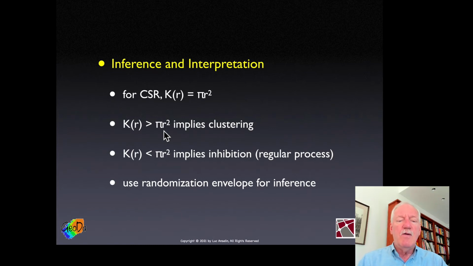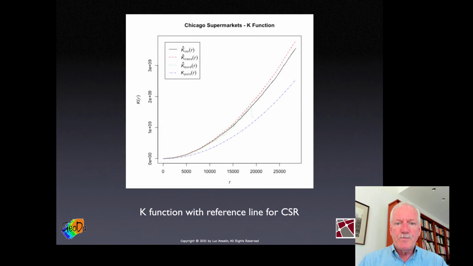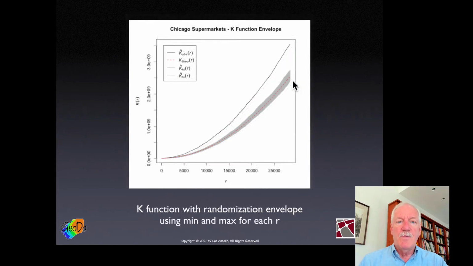And again, we can draw this line and then compare the one that we compute to that line, or we can use our simulation approach and get a randomization envelope, which we can then also plot. So for our supermarket example, this is the K function up here, and this is the theoretical under the Poisson. So we're above it, which suggests clustering of the supermarkets.